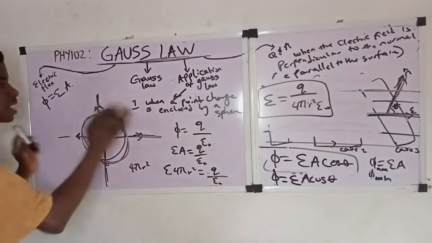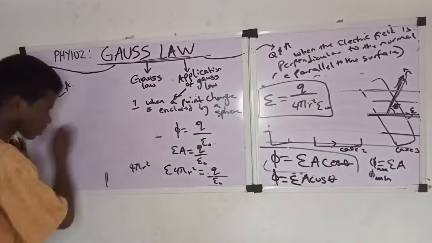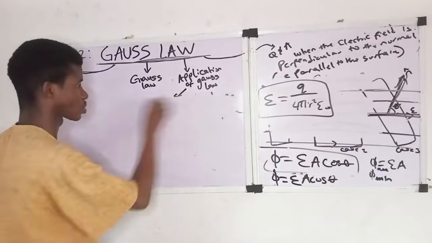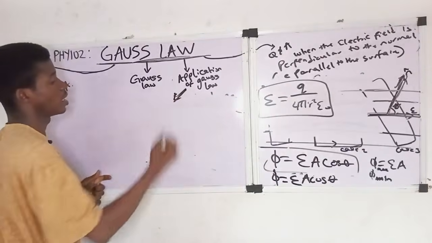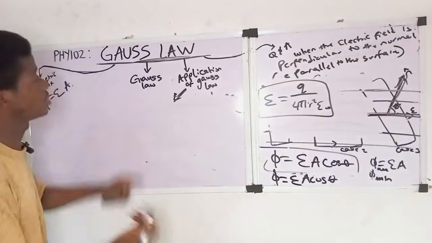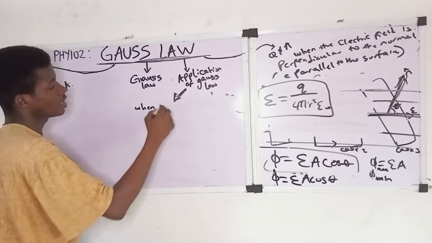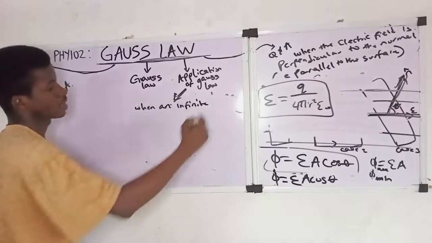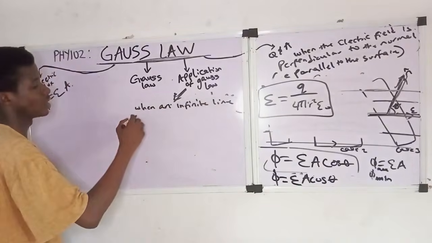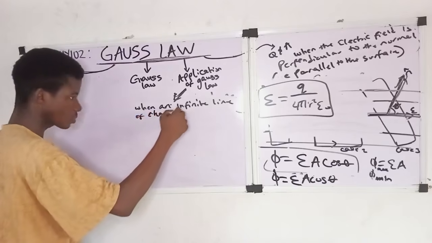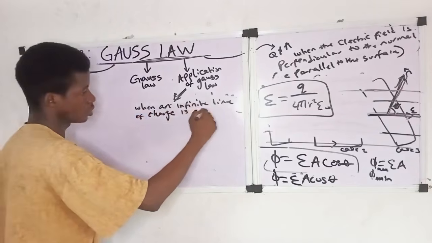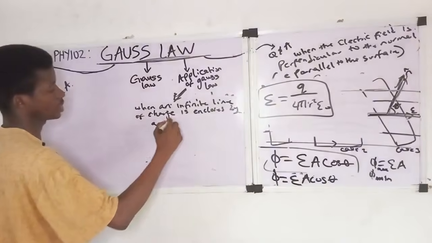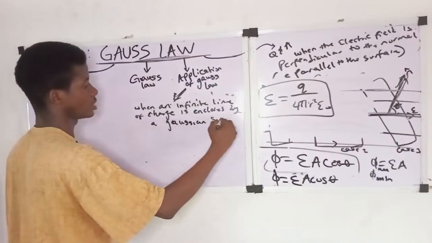Now the next application is when an infinite line of charge is enclosed by a Gaussian surface.